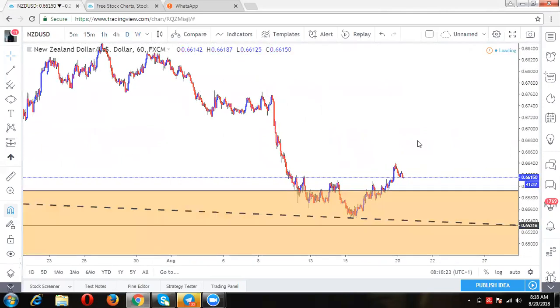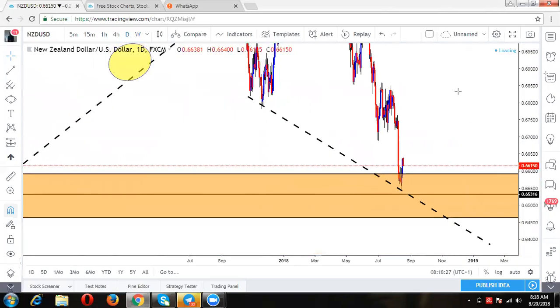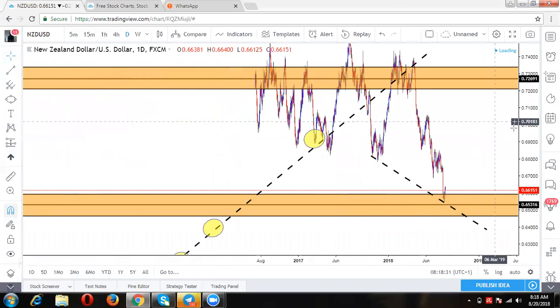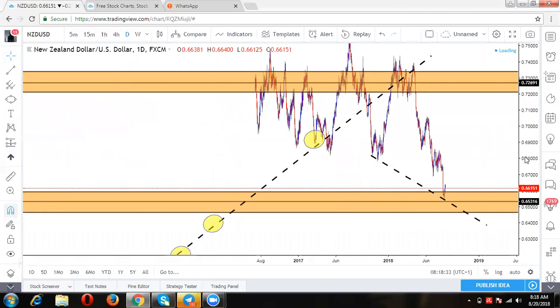But on the daily, let's look at this particular pair. We want to identify the trend. Is it a downtrend or is it an uptrend? Let's look at it.